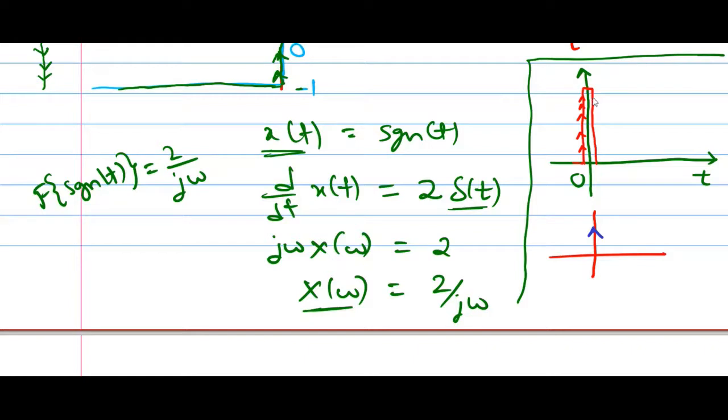And if I differentiate this part, now it is going in the downward direction, so I will get one negative impulse. So overall, the differentiation of the impulse is one positive impulse and one negative impulse. This is nothing but delta dash of t, the derivative of the impulse function.